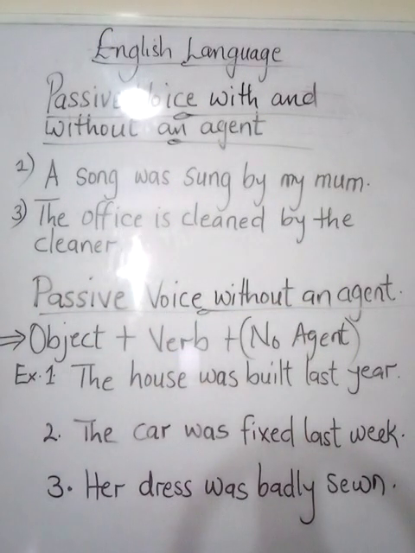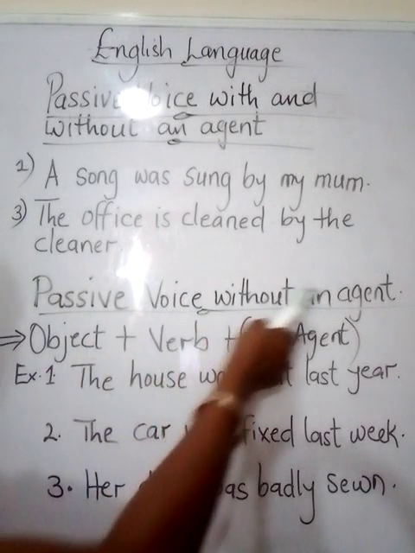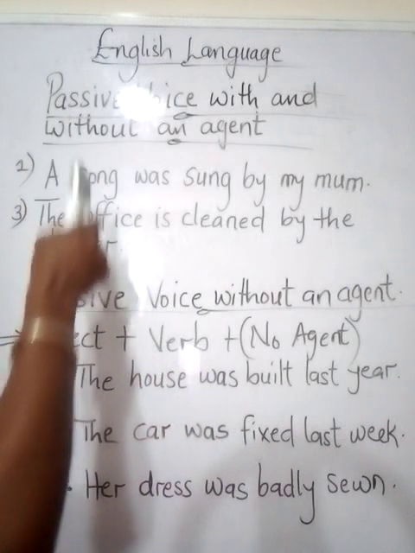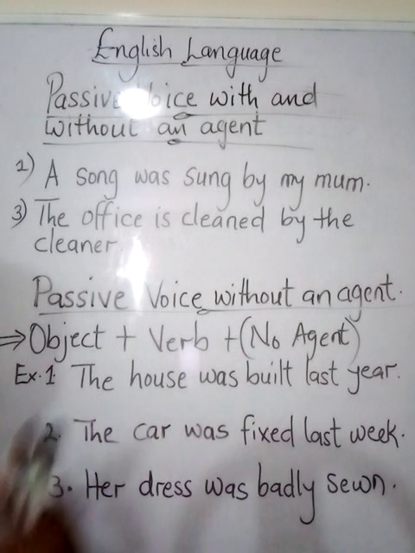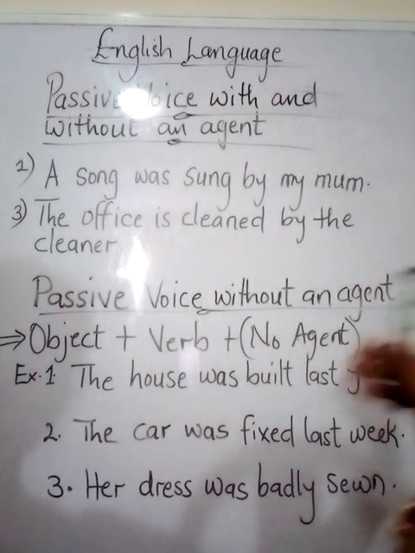Okay, so the next aspect we're going to look at is passive voice without an agent. Remember, the three examples we just considered are passive voice with an agent. That is passive voice with the doer of the action.